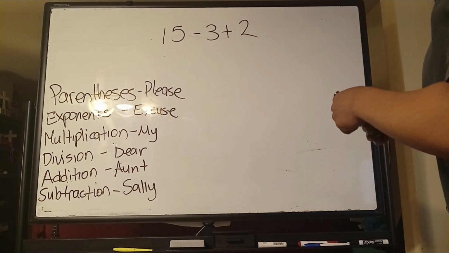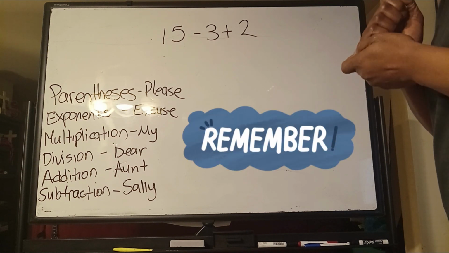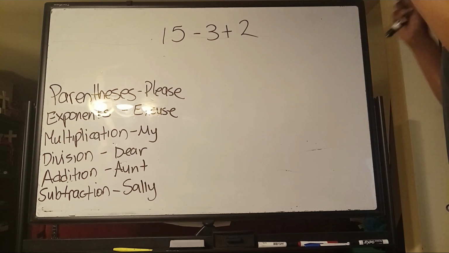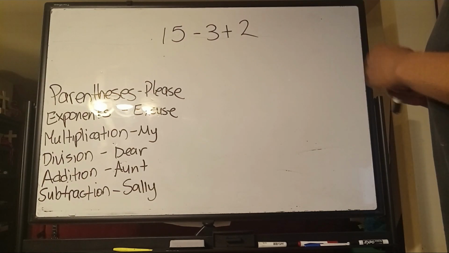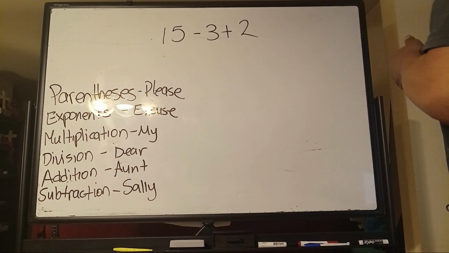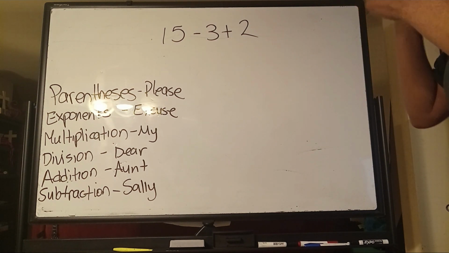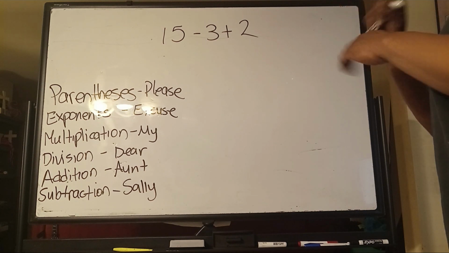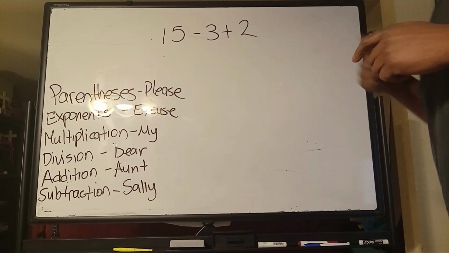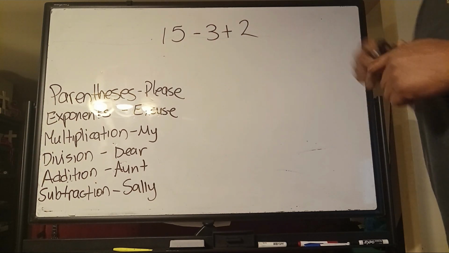Okay, so that's the catchy part. And that was the reason why I wanted to ask you, because that's the biggest problem with order of operations. Multiplication and division, they both hold the same weight as well. So whichever one comes first in the problem, after you've done parentheses. You have to be clear, parentheses is number 1, has to be done first. If there's no parentheses, you move down the list to the next one, exponents. There's no exponents, you move down to multiplication.